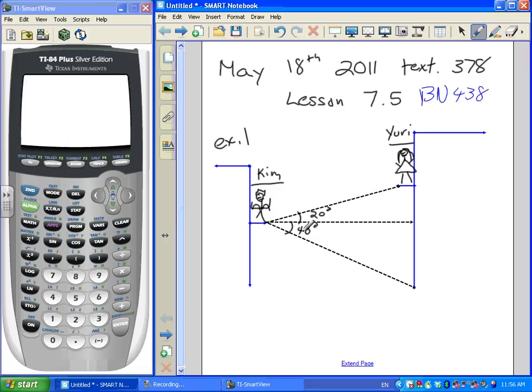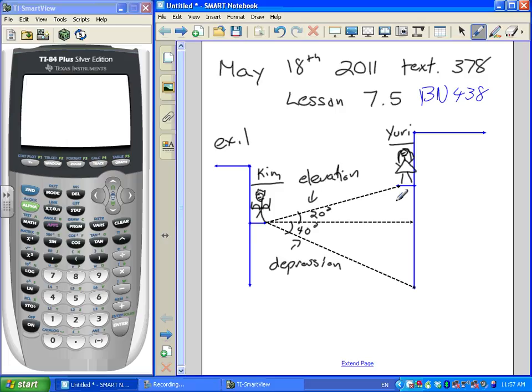So this would be depression, flip the picture, and elevation. Make sure you guys know how to draw an angle of depression and angle of elevation. They may give you a question like that where you have to create this scenario.